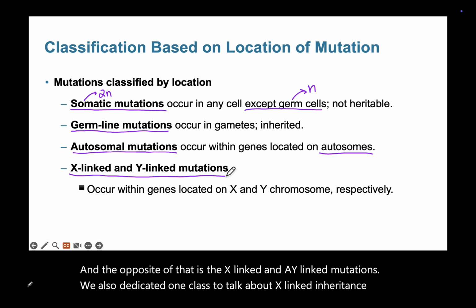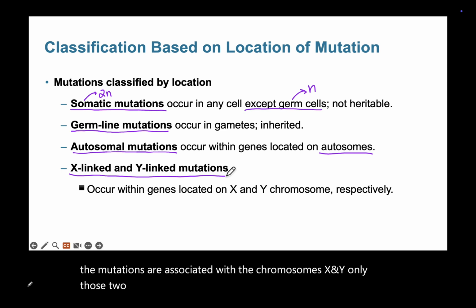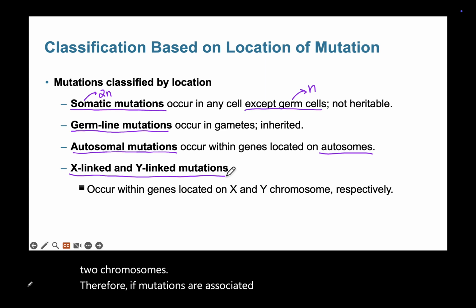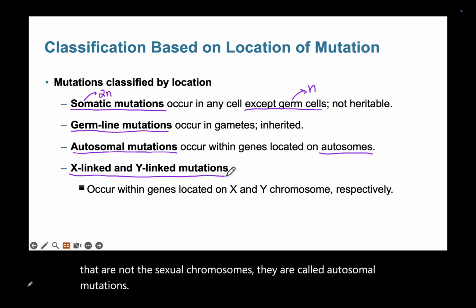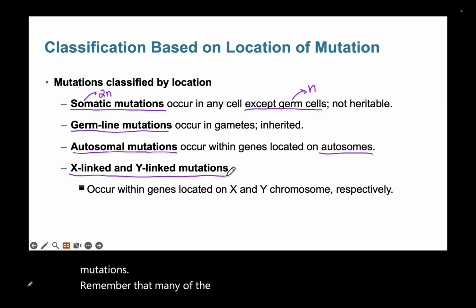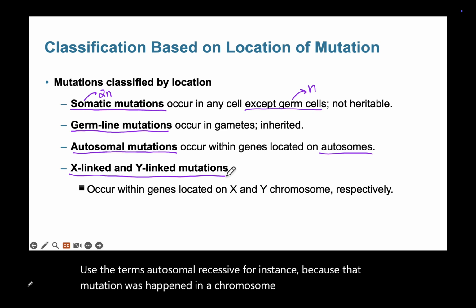Here, the mutations are associated with the chromosomes X and Y, only those two chromosomes. Therefore, if mutations are associated with any other chromosomes that are not the sexual chromosomes, they are called autosomal mutations. Remember that in many of the examples I used in other classes, we used the terms autosomal recessive, for instance, because that mutation happened in a chromosome that was not the sex chromosome.